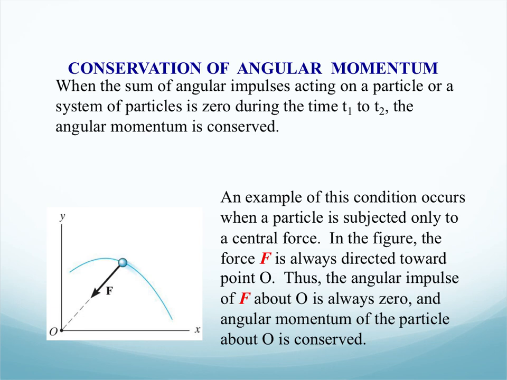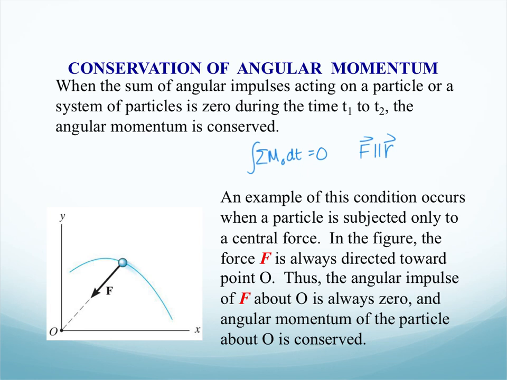There are cases, of course, where we have conservation of angular momentum, and one of the classic examples is when your moments or your impulse is 0. This is true for what we call central force problems, because in those cases the only force acting is parallel to the r, which would give a moment of 0.